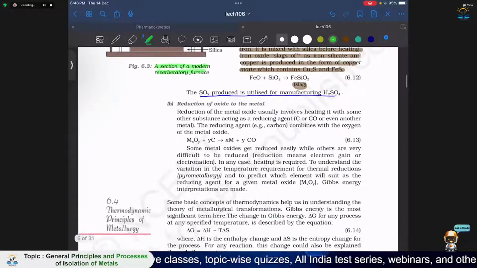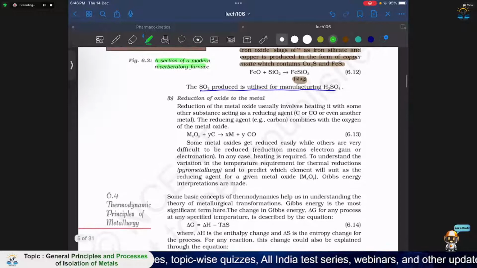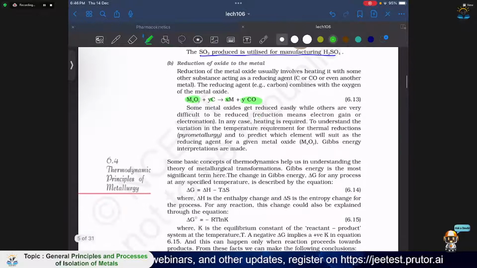Reduction of oxide to the metal involves heating it with some other substance acting as a reducing agent. Reducing agent combines with oxygen. So this is the metal oxide. You add a reducing agent, it gives the metal, and the corresponding reducing agent turns into an oxide. Some are easy to reduce, some are difficult to reduce.